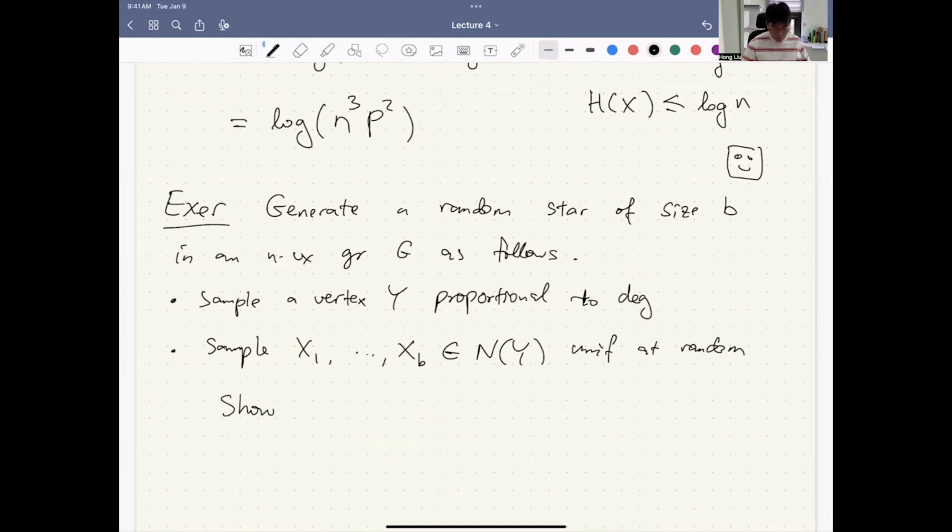Show that H of this random star is at least log of n to the b plus 1, times p to the b, where again p is the edge density.